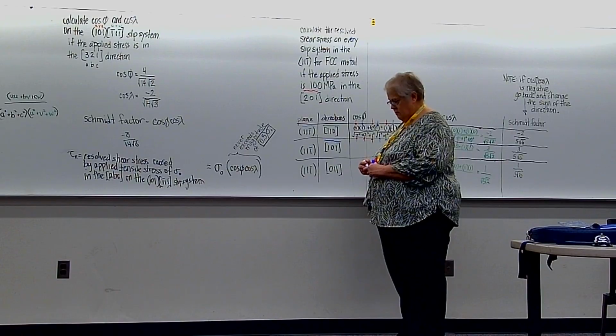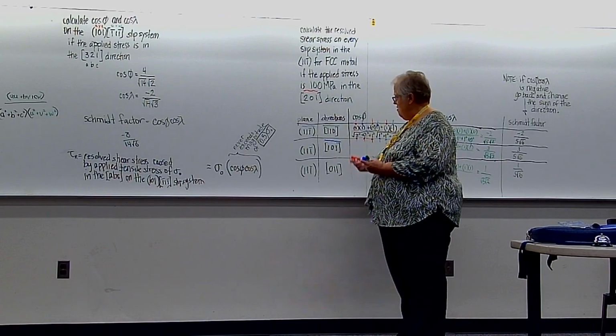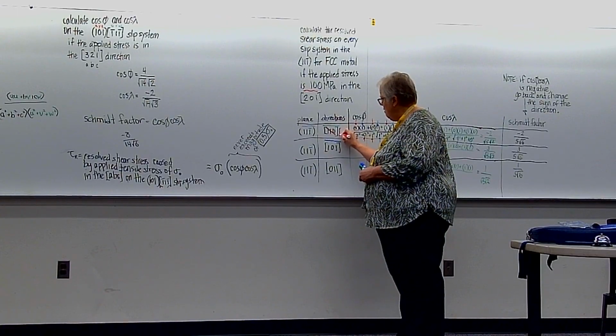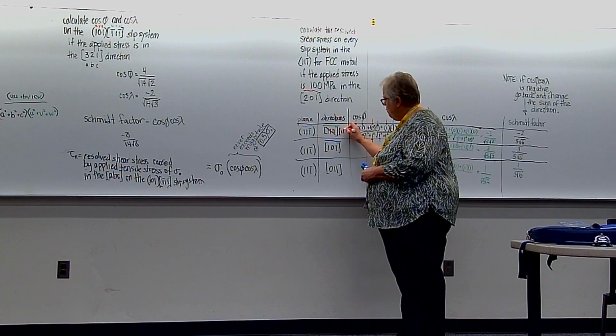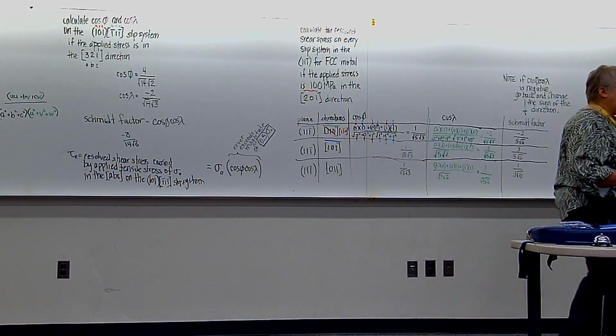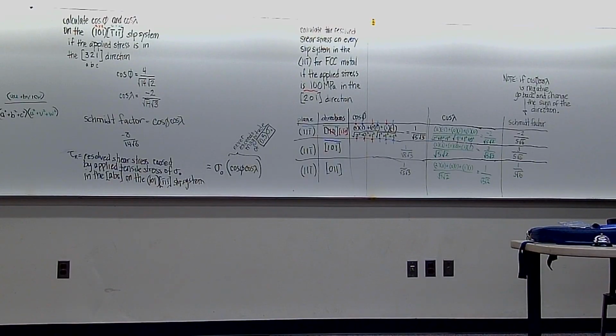So this becomes 1 bar 0. All it means is that the direction had its point at one end, and we're going to put the point at the other end.